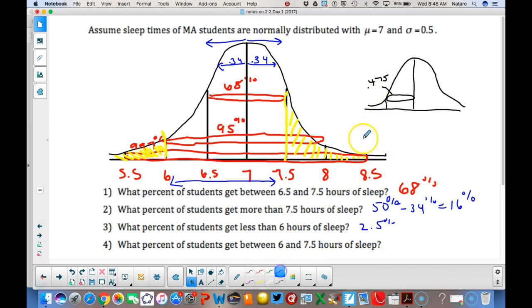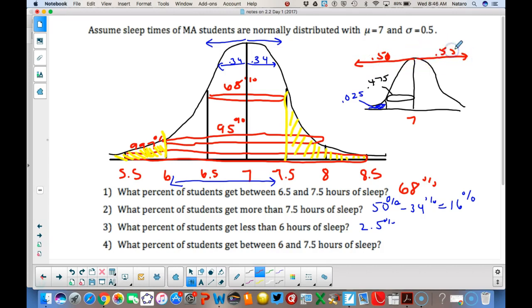Well, remember in our last question, we said the area in the tail here, outside of 2 standard deviations, was 2.5%. And remember, the area to the left of the mean would be 50% of our distribution, and the area to the right of the mean would also be 50% of the distribution.